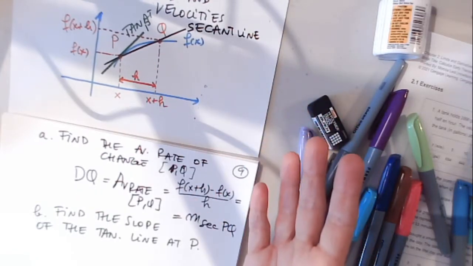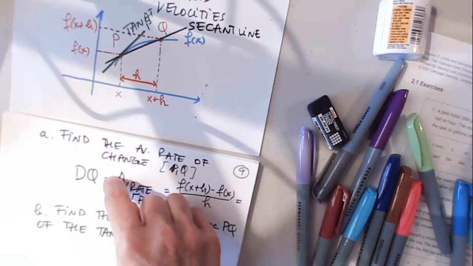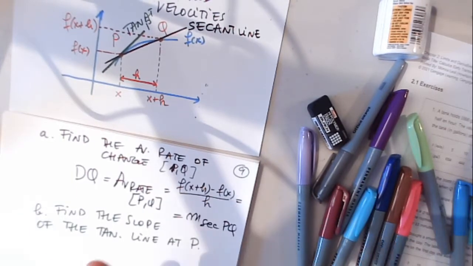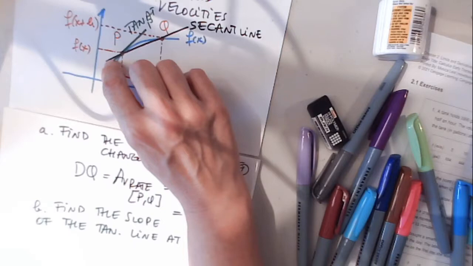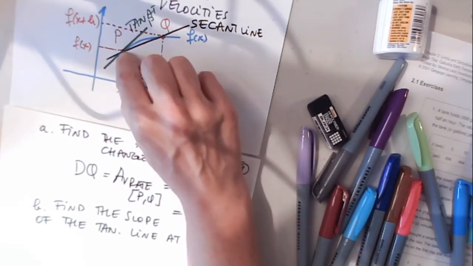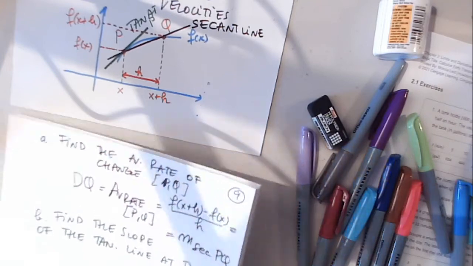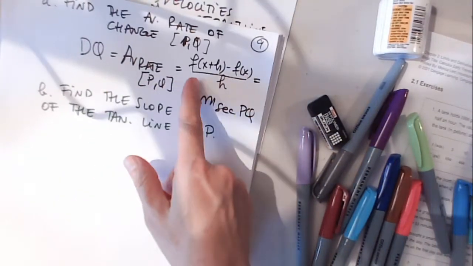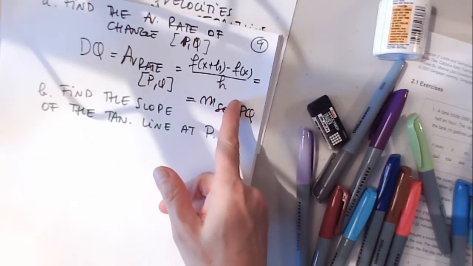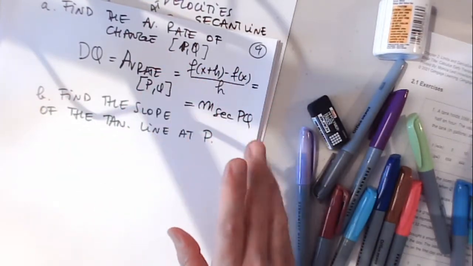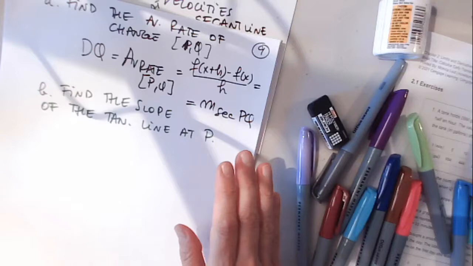We are using what we already know. That is the difference quotient. We know the formula for the difference quotient, and we know that it will be identical with the slope of the secant line between P and Q, which we already determined. It is f of x plus h minus f of x over h. And of course I can have numbers here, and we will have numbers in the next example in a minute.